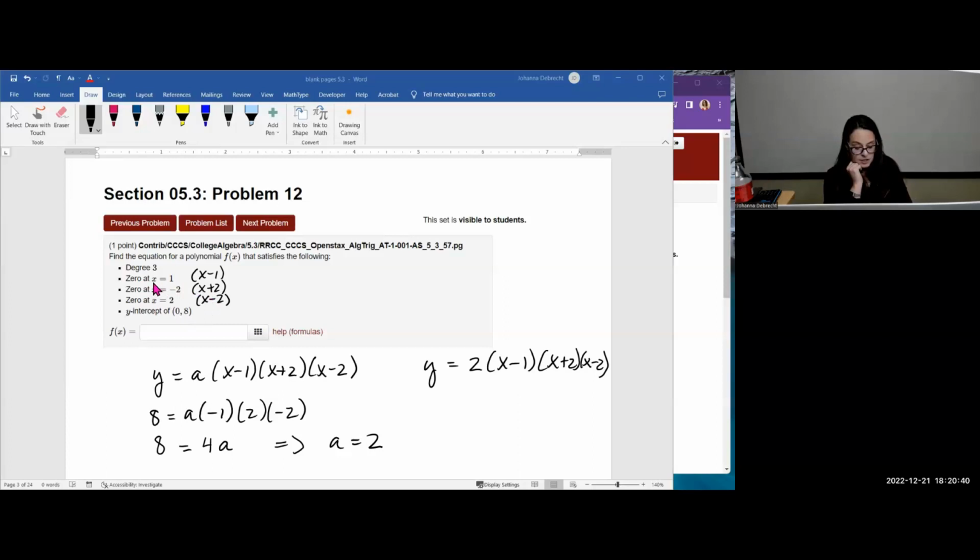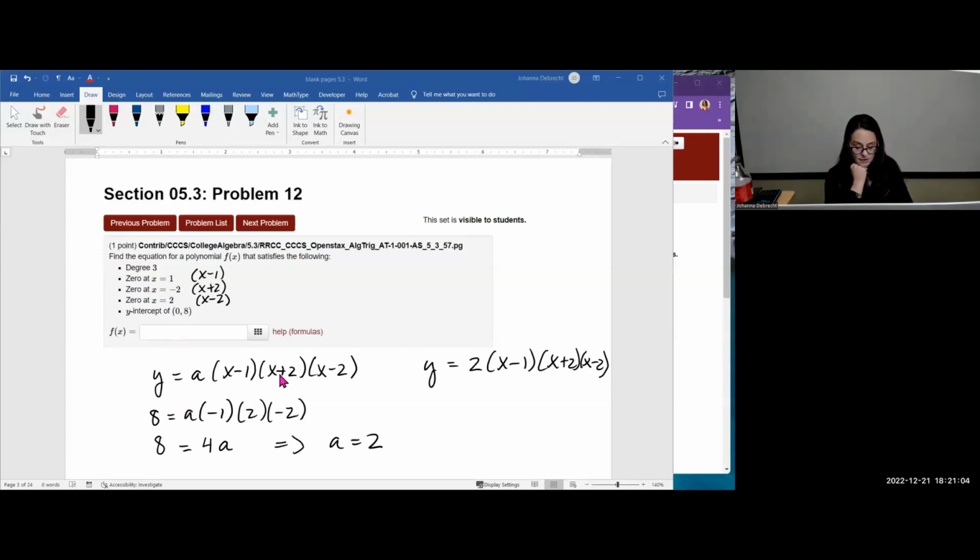So if the 0 or solution is 1, the factor is x minus 1. And if the solution is -2, the factor is x plus 2. And if the solution is 2, the factor is x minus 2. So I multiply these by a and set them equal to y. Now I know that when y is 8, x is 0.